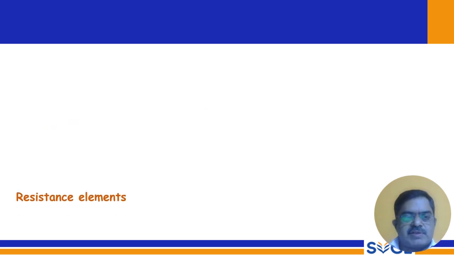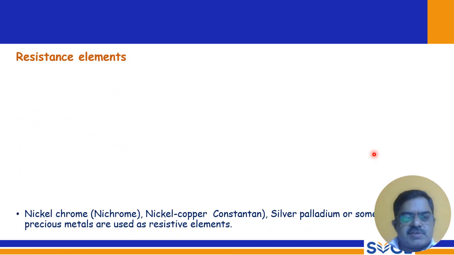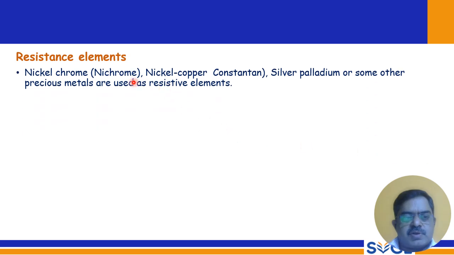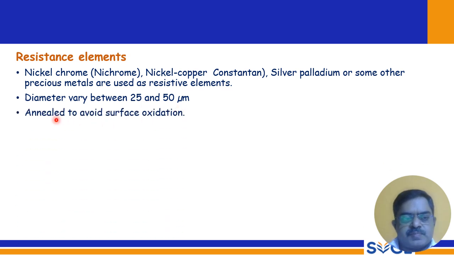So materials. Resistance elements: nickel chrome, this is known as nichrome, nickel copper constantan, and silver palladium or some other precious metals are used as resistive elements. Diameter varies between 25 and 50 micrometer, annealed to avoid surface oxidation.